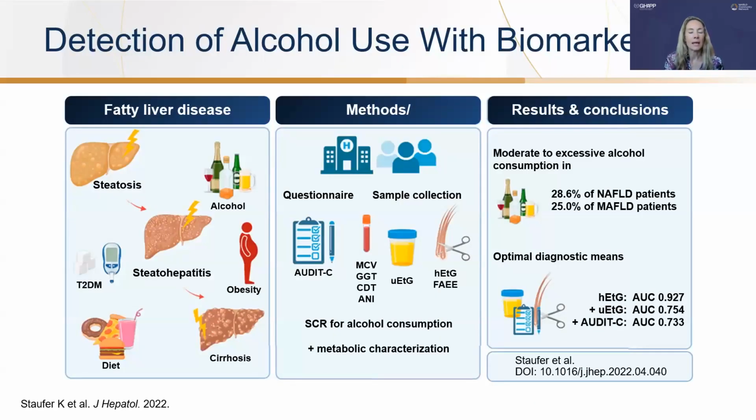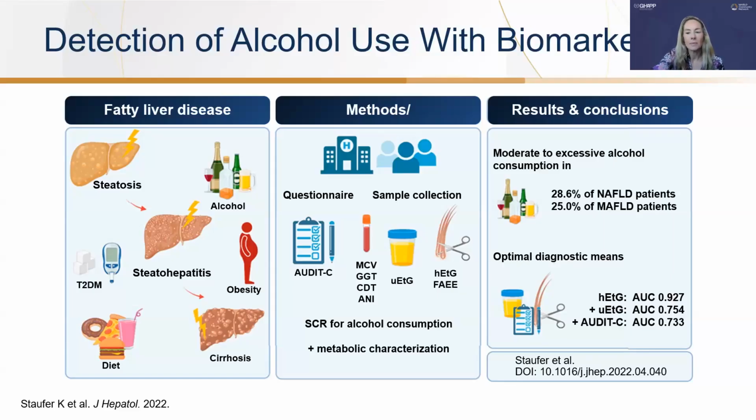So this was a study that looked at over 180 patients with presumed MASLD and MASH, and their alcohol intake was assessed by ethyl glucuronide in hair and urine, and that was compared to more conventionally used measures such as the Audit-C questionnaire, biomarkers like MCV, GGT, carbohydrate deficient transferrin, the ALD NAFLD index.